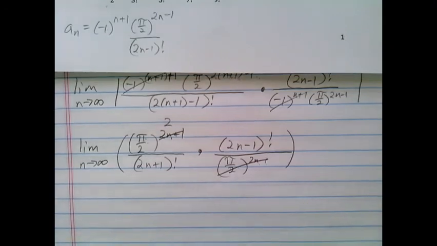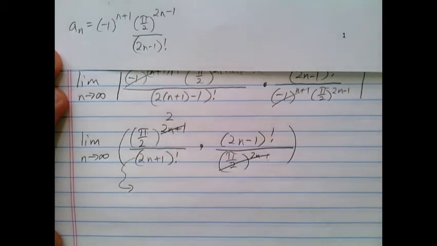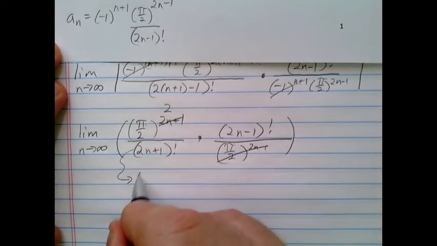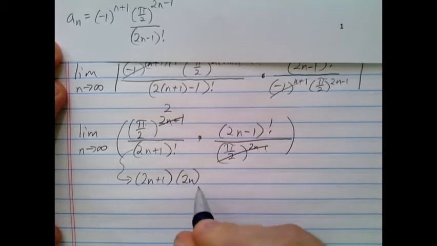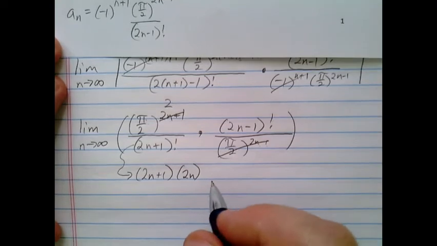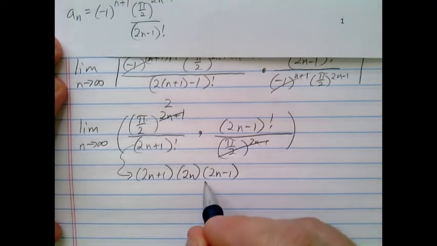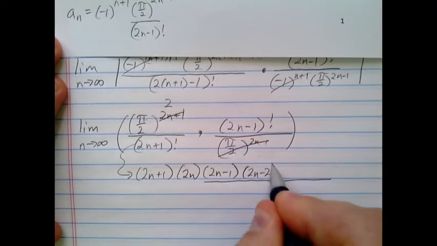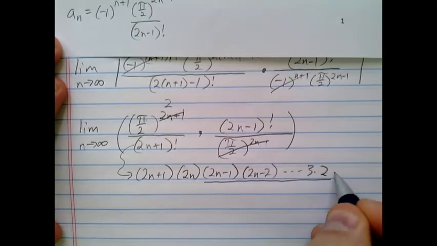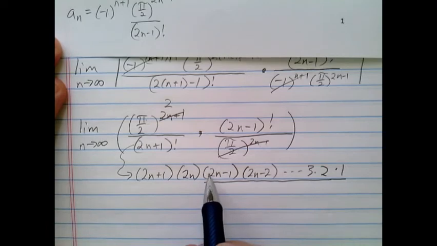Now for the factorials, 2n plus 1 factorial would be 2n plus 1 times 2n, because that's the number that's 1 less than 2n plus 1, times 2n minus 1, and then from this point backwards, 2n minus 2, 3 times 2 times 1. From this point backwards, this is just 2n minus 1 factorial.